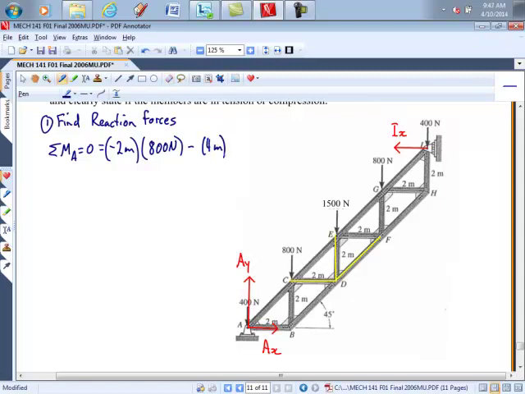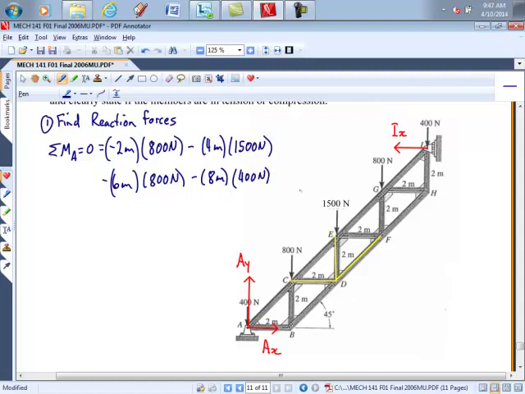At 4 meters, we have 1500 newtons. And then at 6 meters, we have 800 newtons. And then at 8 meters, we have 400 newtons.